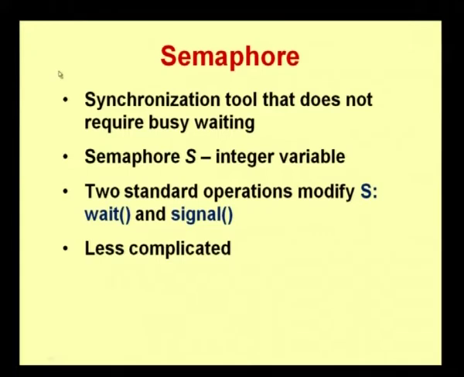Now let us see, a semaphore is a synchronization tool. It is a process synchronization tool that does not require busy waiting. So this semaphore S is an integer variable. Two standard operations are wait and signal. It is less complicated.